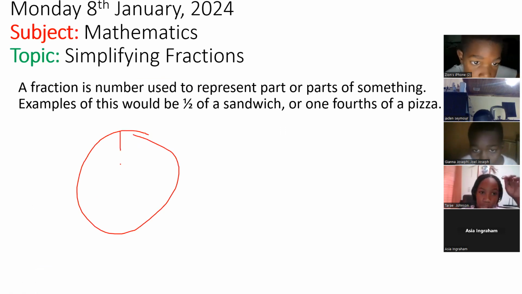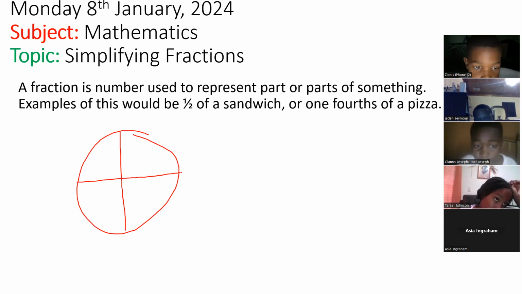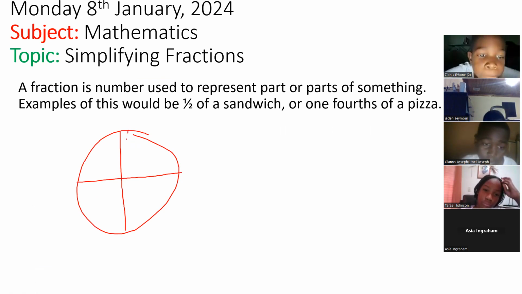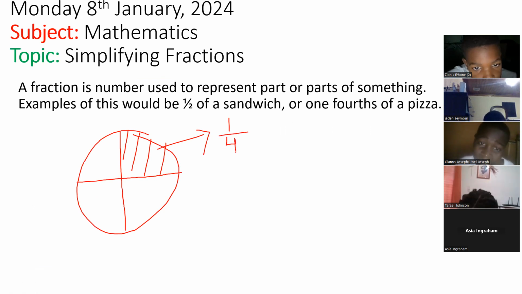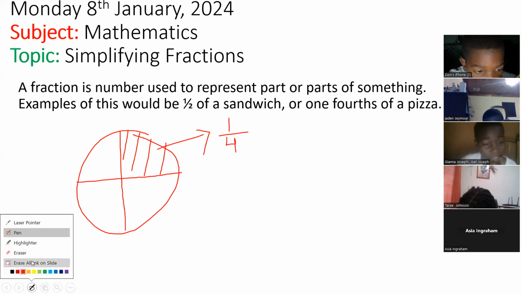It's divided into how many parts? 4 parts. And 1/4 of a pizza is gonna be what? A quarter. Very good. It's gonna be this part right here. That's what we mean. Or if we're doing a half, it's definitely gonna be split into two.